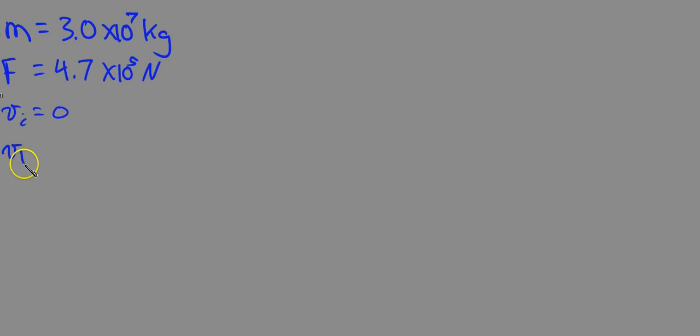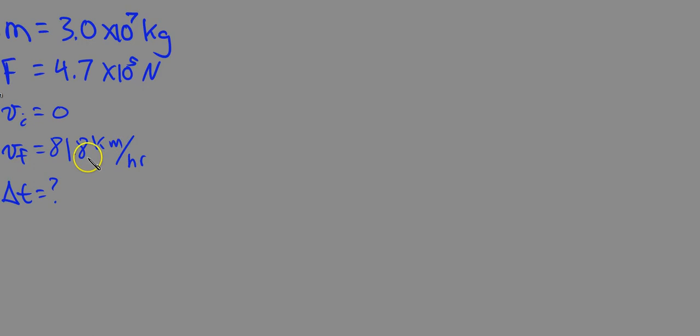My final velocity is in kilometers per hour, which is not what I want. I want it in meters per second, because newtons assumes meters per second, and most of our calculations we always want in meters per second. So I'll figure that out in a second. And what I'm looking for is my change in time, or how long is this going to take. So that's a question mark.